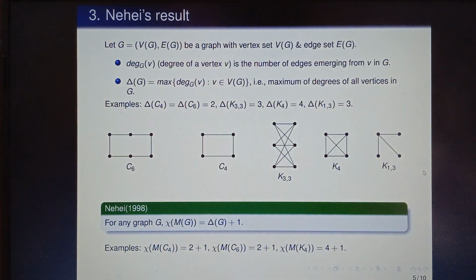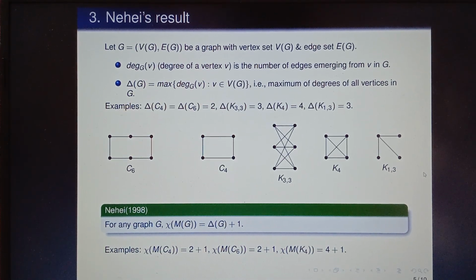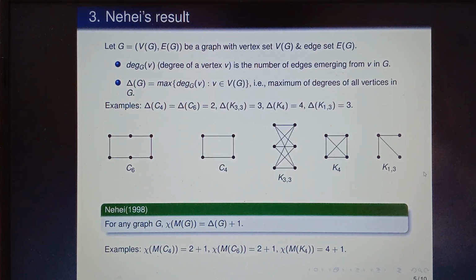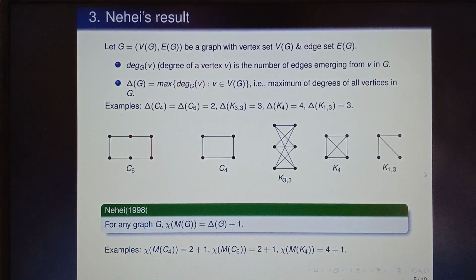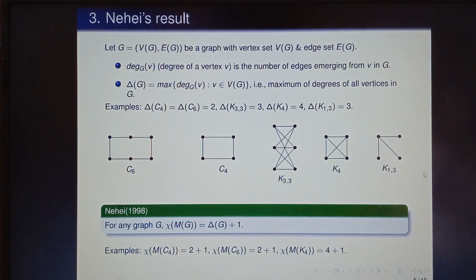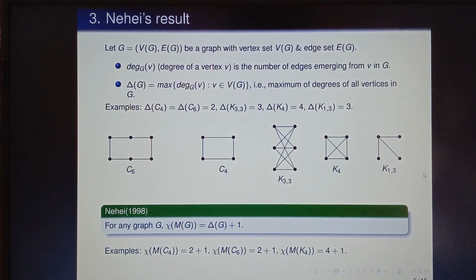Okay. Next, we will discuss Nihai's result concerning the chromatic number of middle graphs. Before that, we need to know some basic definitions from graph theory. Let G be a graph with the vertex set denoted by V(G) and the edge set denoted by E(G).